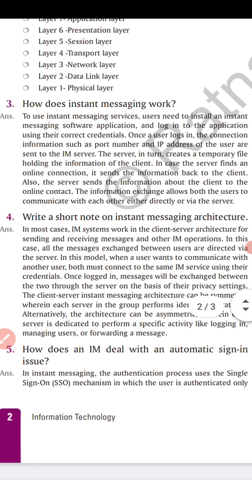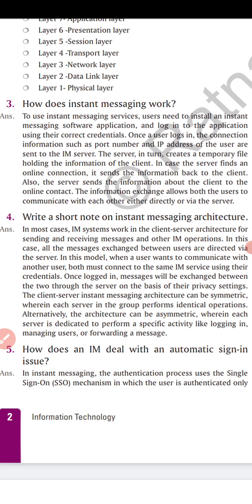Now here you can see, in most cases, IM, the instant messaging system, works in a client server architecture for sending and receiving messages. You know well that the one sending the message is the server, and whoever is receiving the messages is the client.